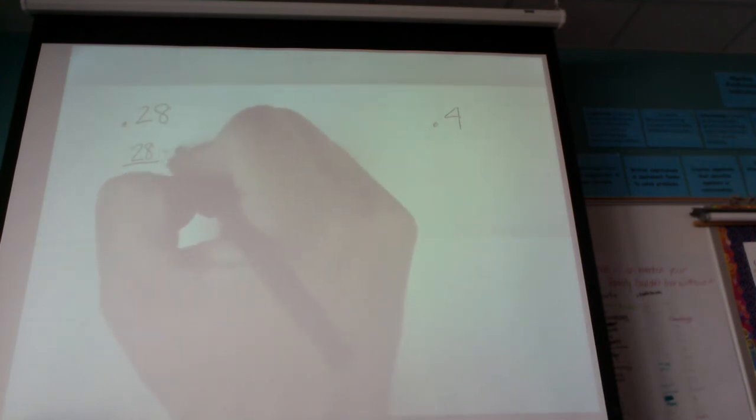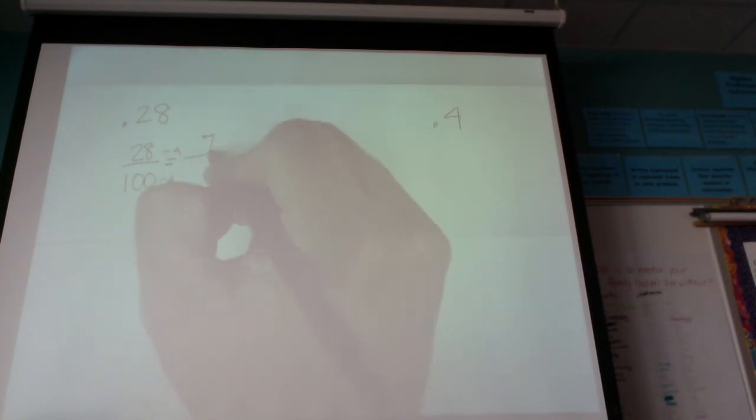Let's do some more. Up here I have, first I'm going to read it as a mathematician, 28 hundredths. So I'm going to write it 28 hundredths. I know they're both divisible by 4. So I'm going to simplify now.